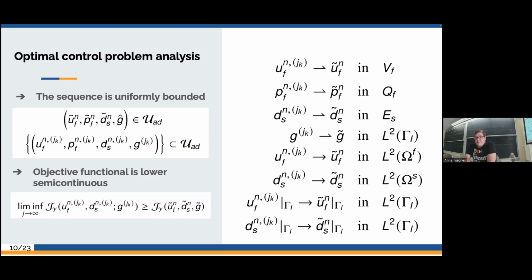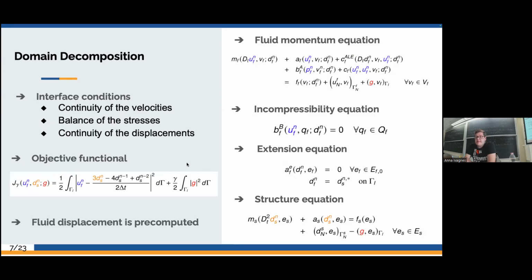If we come back just for a second to the form of the functional, we had this extra term here, which was essential for the optimal control analysis, because we could conclude the H2 boundedness of the sequence G. There is also a way to prove the existence of a minimizer when gamma goes to 0, which is a very essential step, because we want these two conditions to be satisfied: we want our fluid velocity to be as close as possible to the structure velocity.